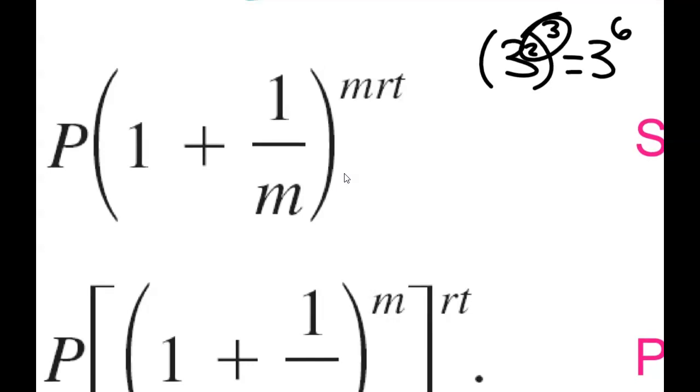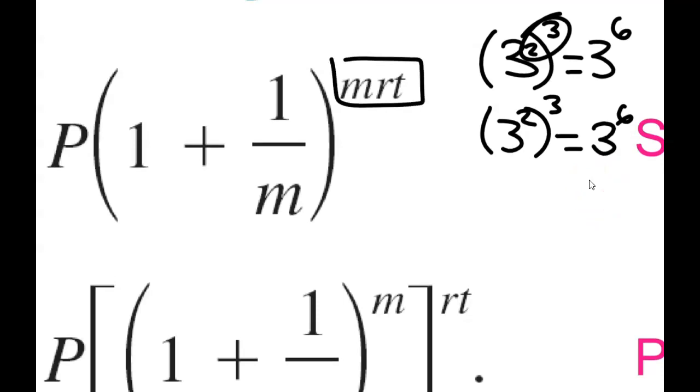So here we could also separate them and say 3 to the power 6 we could write as 3 squared raised to the power 3, if you go from right to left. So that's what we're doing here. We're taking the mrt, and we are going to take m and just leave it here, and then the rt are going to come out here.